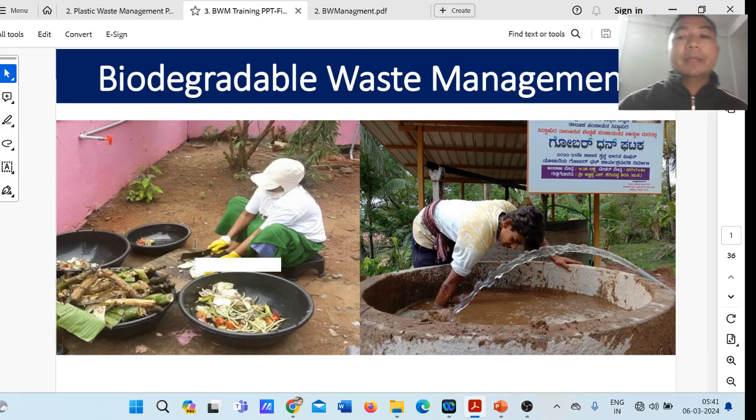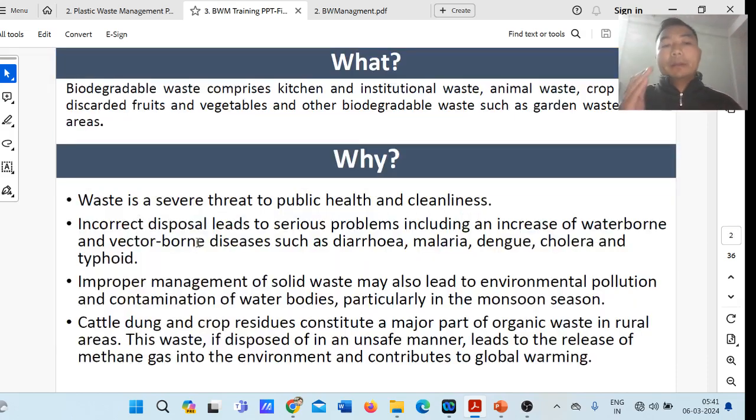So these are some examples. Biodegradable waste comprises mostly the kitchen waste that you produce at your home, and the institutional waste.